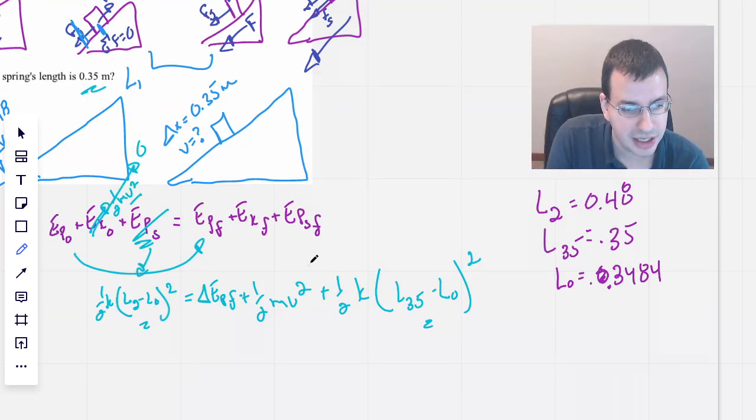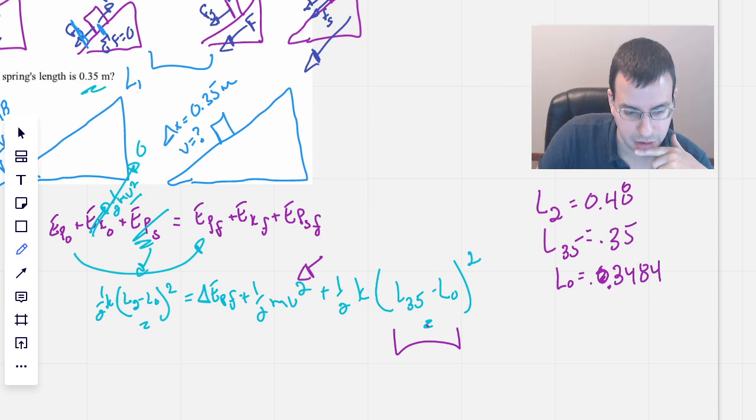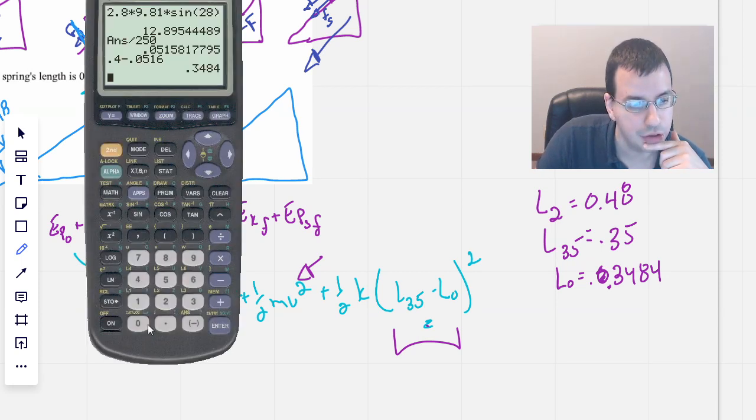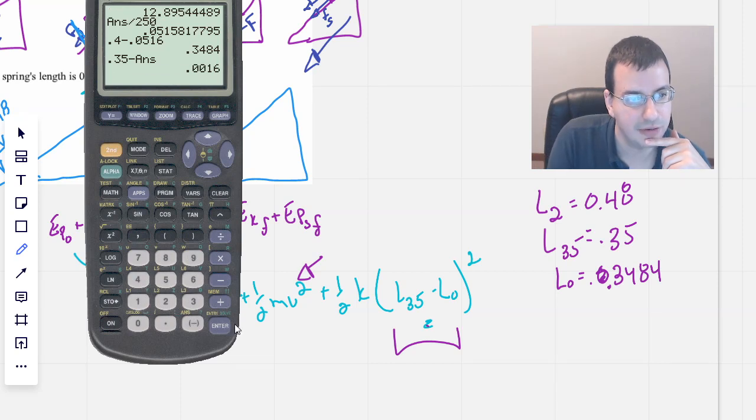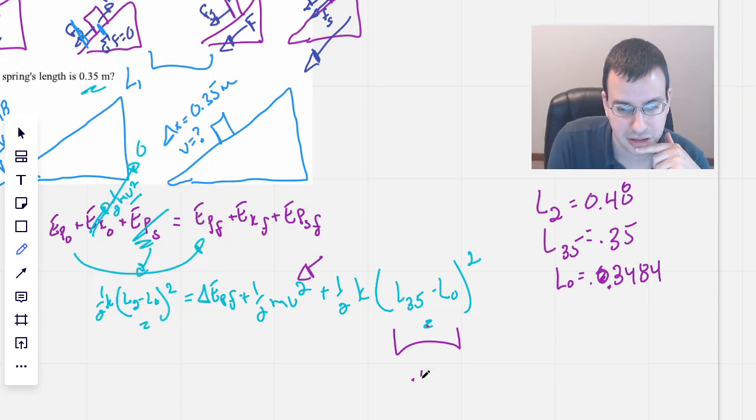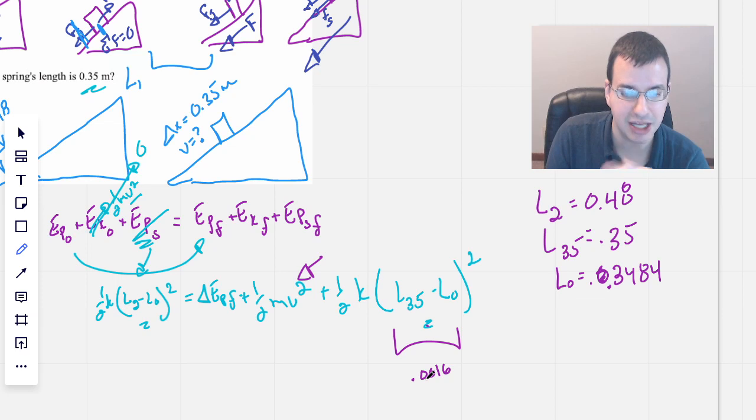We know everything except that, so I'm going to solve for these real quick. So this value right here: we do 0.35 minus the second answer, and we have 0.0016, which when we square that is going to be very small.